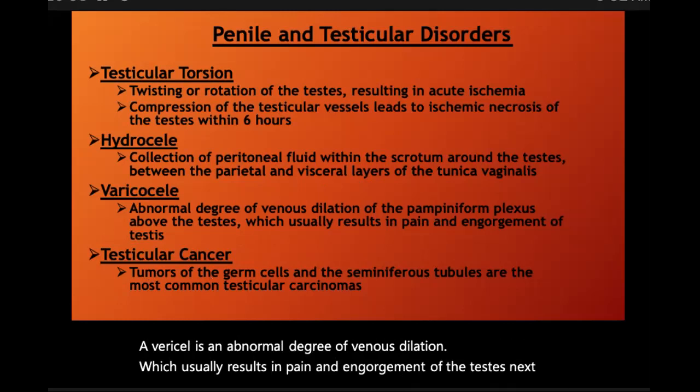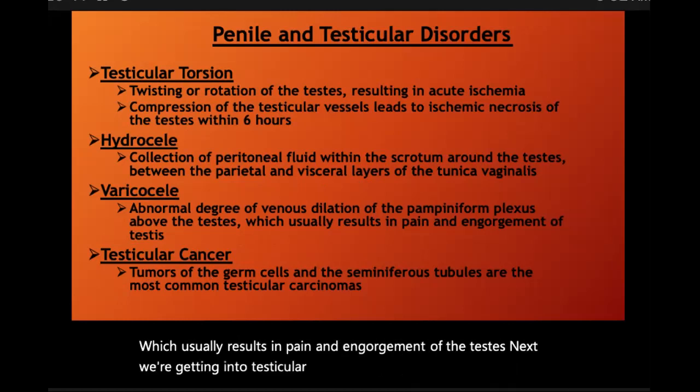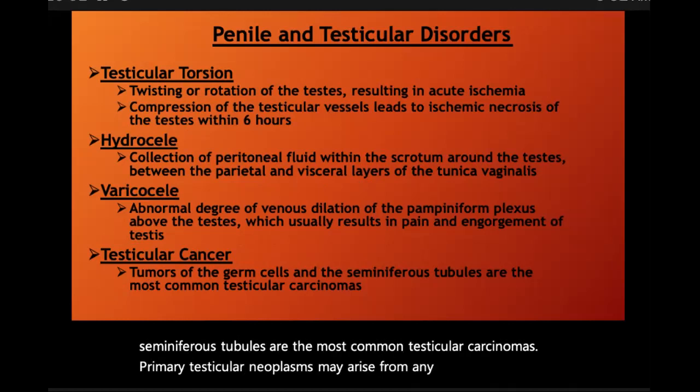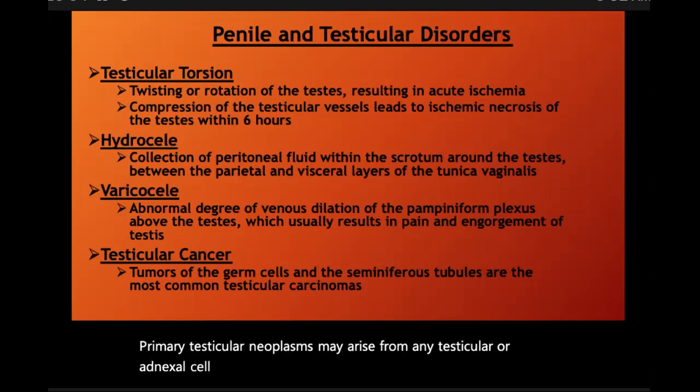Next, we're getting into testicular cancer. So tumors of the germ cells and seminiferous tubules are the most common testicular carcinomas. Primary testicular neoplasms may arise from any testicular or adnexal cell component. Each testes is covered externally by 2 layers of fascia, okay?